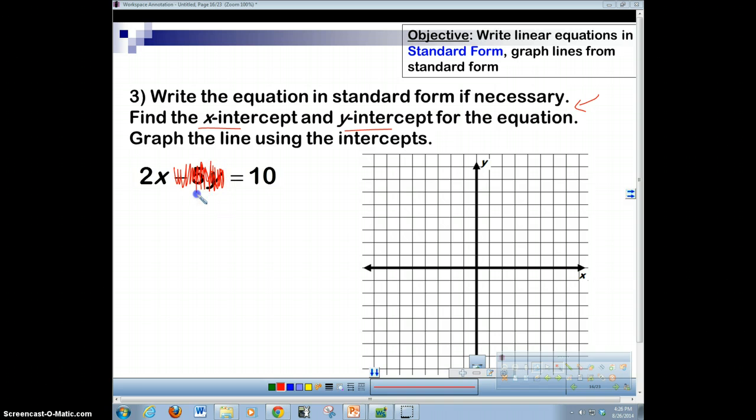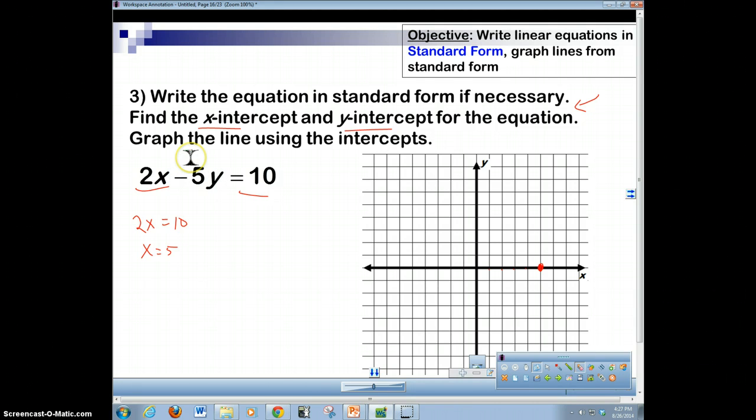You're not even going to look at this, and you get 2x equals 10. Because basically you're plugging in 0 for y, so that just turns to 0. And you're going to get x equals 5. Then you're going to go over here to the x, and go 1, 2, 3, 4, 5, 5 right there. Plot that point.